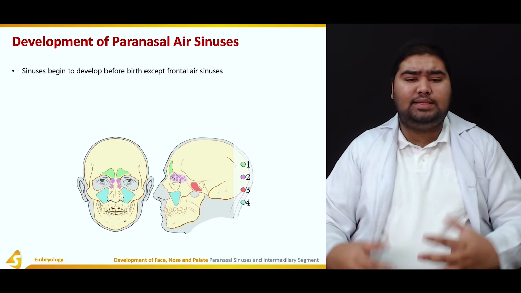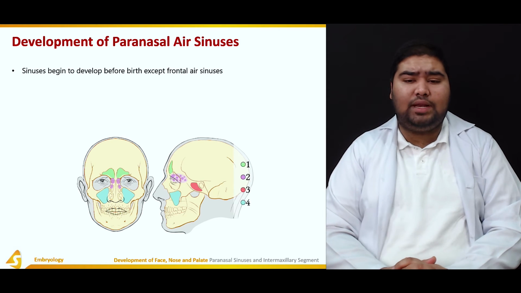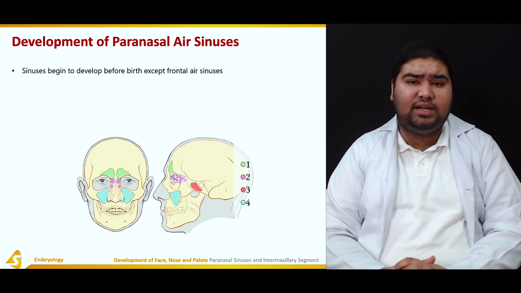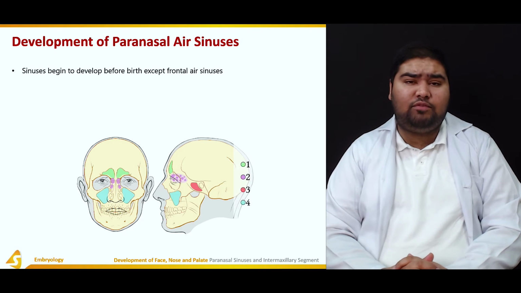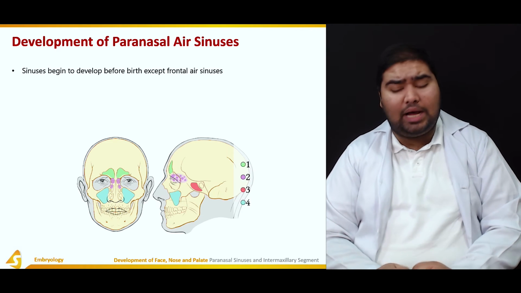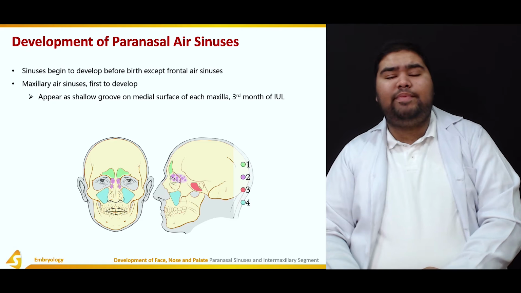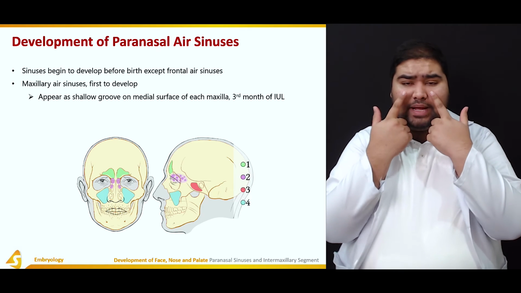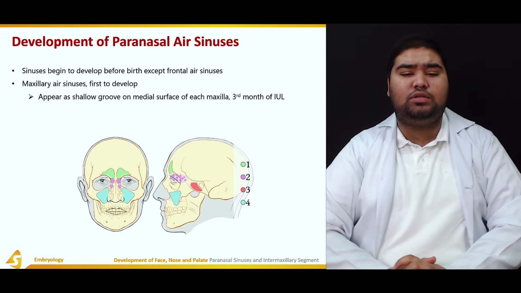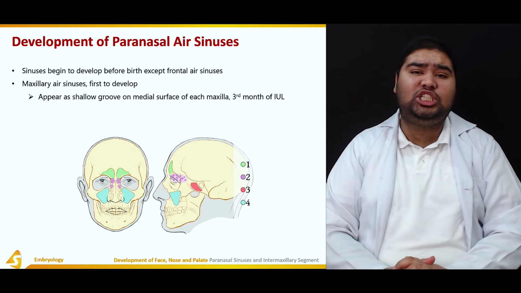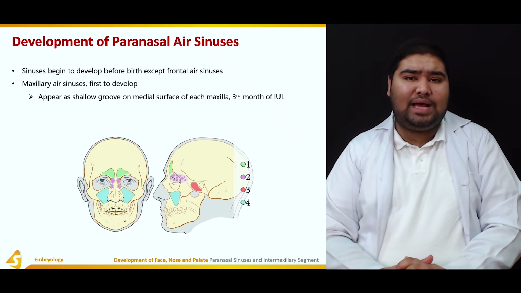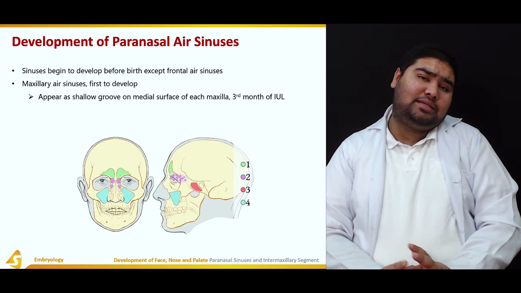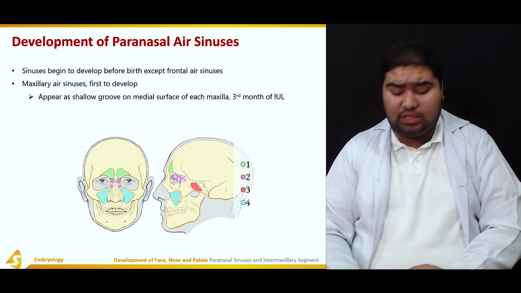Now the sinuses begin to develop before birth, except the frontal air cells, which develop after birth. The maxillary air sinuses are the first to develop. They appear as a shallow groove on the medial aspect of each maxilla, occurring at about the third week of intrauterine life.